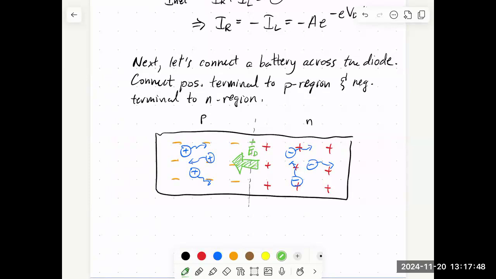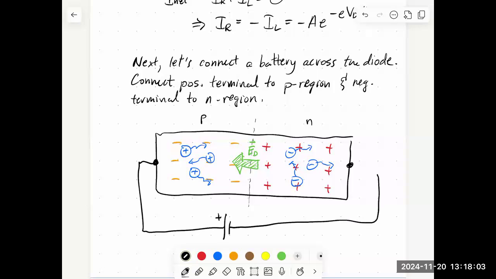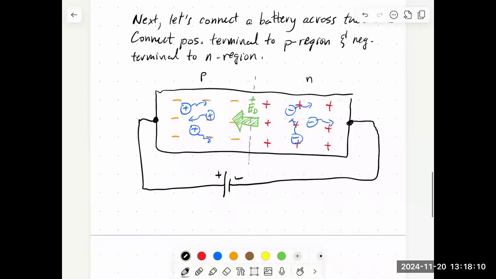So now we're going to add the battery. So I'll put some terminals on the end of my diode. And we're going to put the positive terminal of the battery to the P side of the diode. Okay, and here's the negative, and we'll call this voltage V battery, VB.